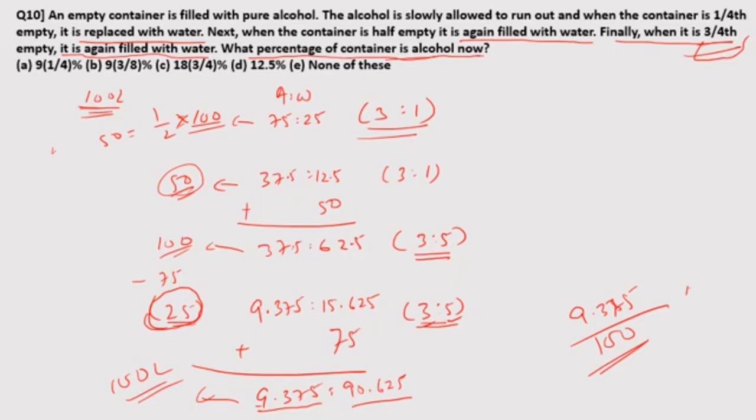This much percent means basically 9.375. It is clearly visible here. 3 by 8 is 37.5. So 3 by 8% is how much? 3 by 8% is 9.375. Option B.